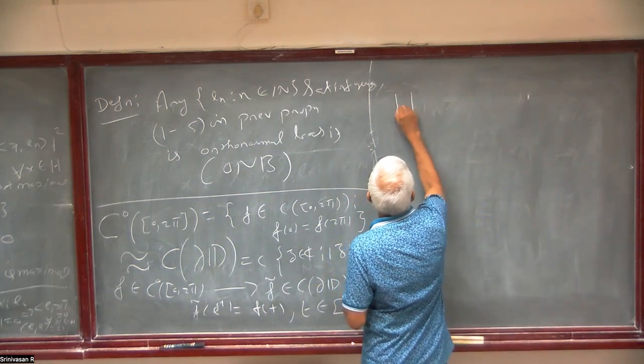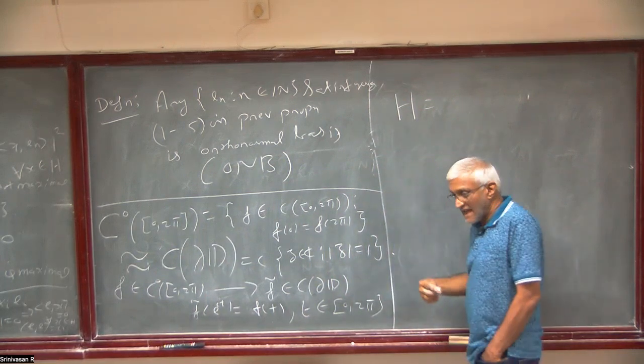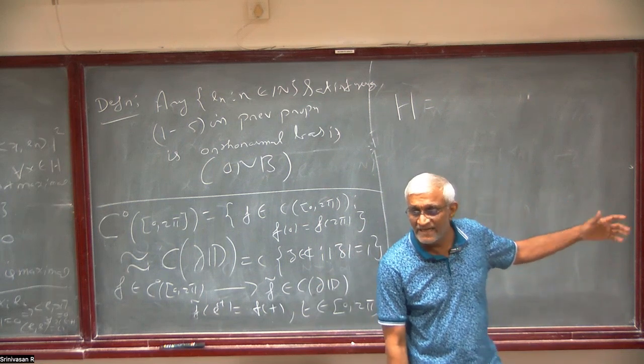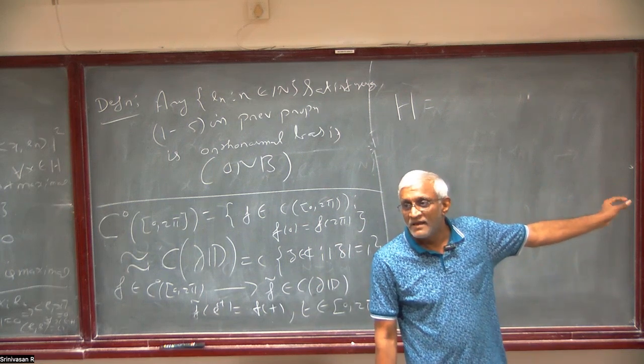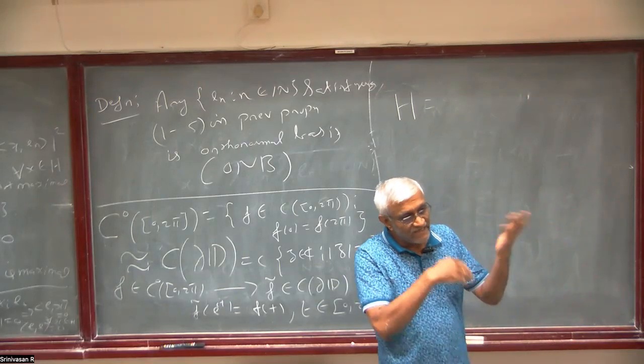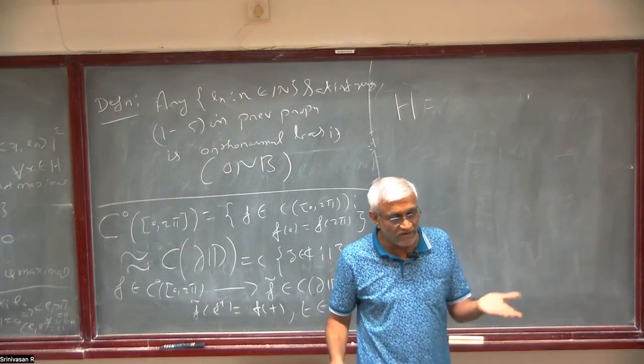Our Hilbert space H is, incidentally, I talked about an orthonormal basis. Why should it exist? It exists because of Zorn's lemma. If you have one single element of norm 1, that is an orthonormal set.